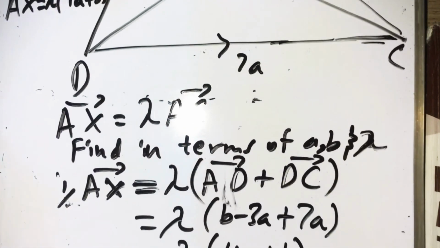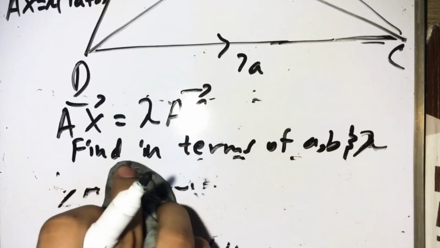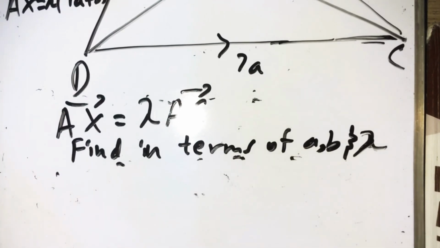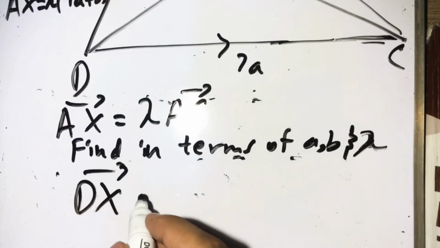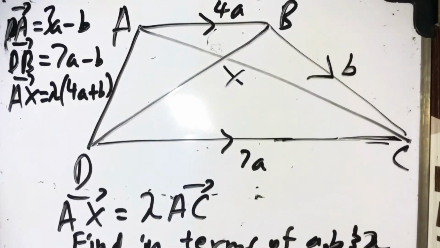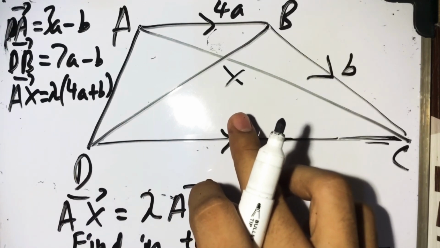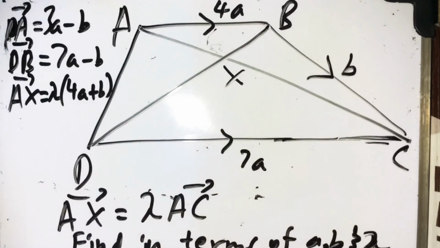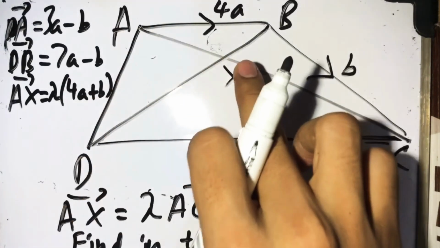Now the next part says find DX in terms of a, b and lambda. DX is equal to DA plus AX.